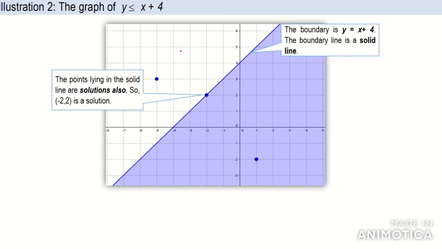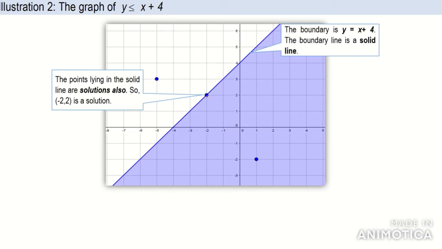Why? Because this time, the points lying on the line are included in the set. That is because of the equality symbol. So here the boundary is y is equal to x plus 4 and the boundary line is solid.